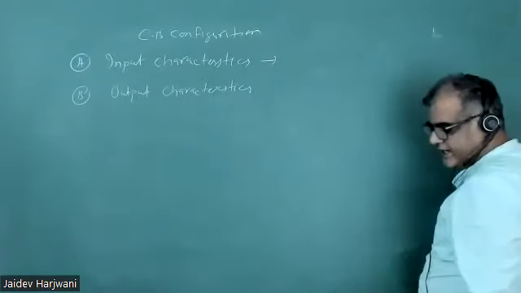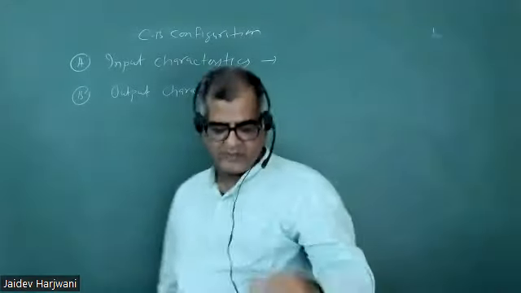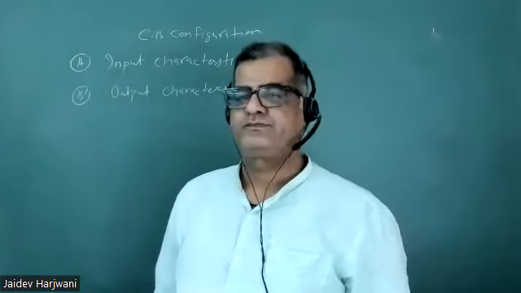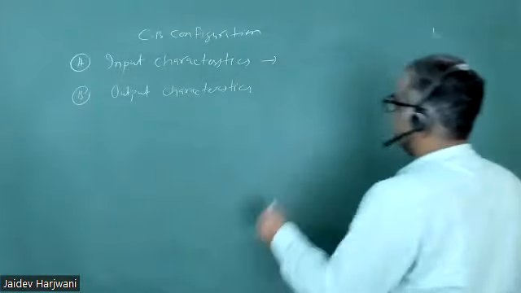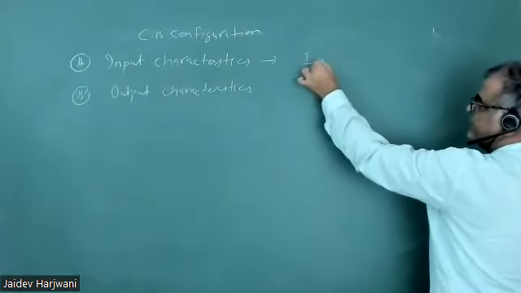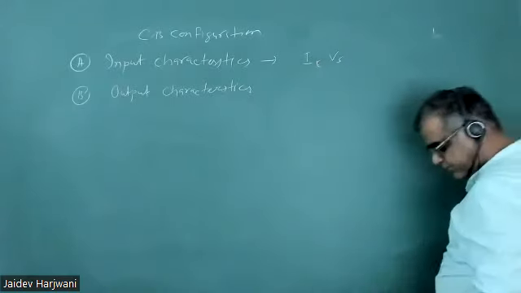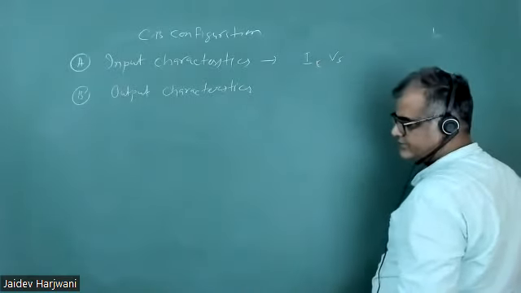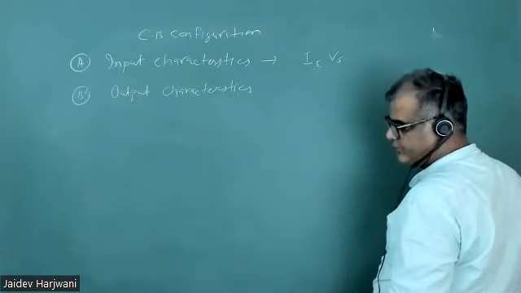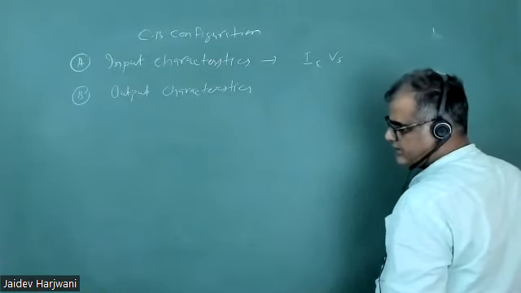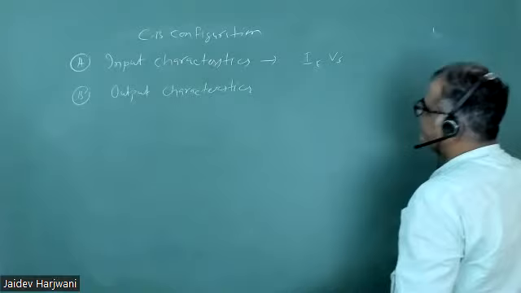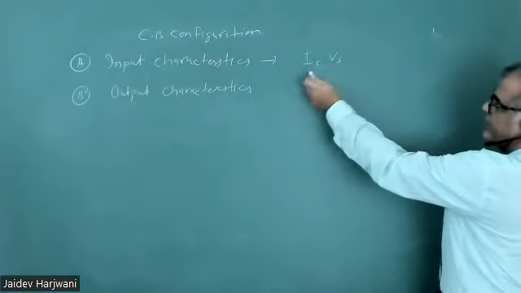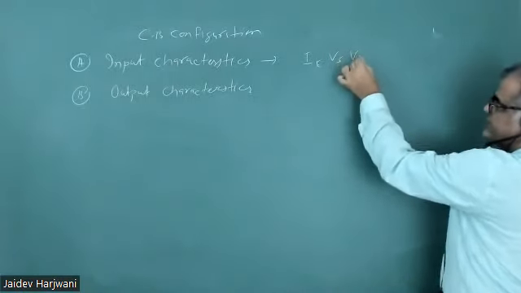So what is the input current? Tell me, what is the input current in common base? IE, sir. IE, very good. So the graph between IE versus input voltage. What is the input voltage? VEB. Okay, if it is an NPN transistor, this is VBE.